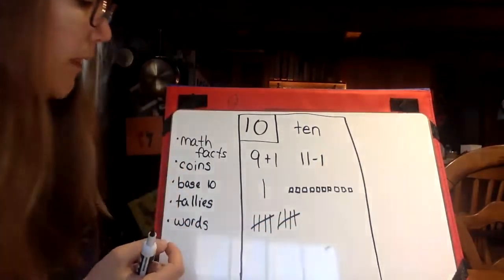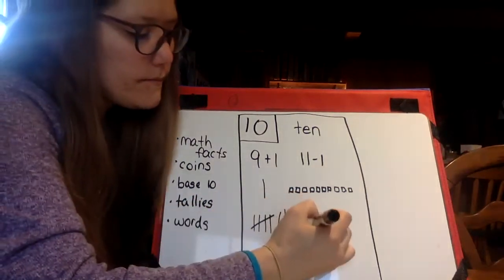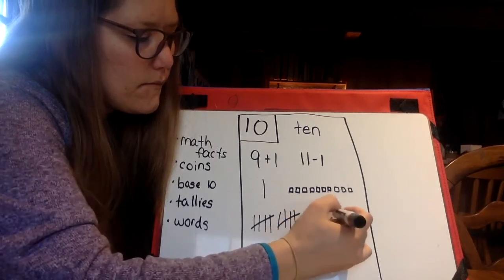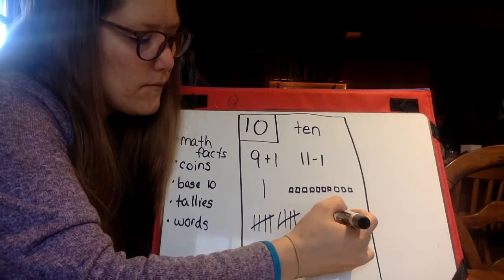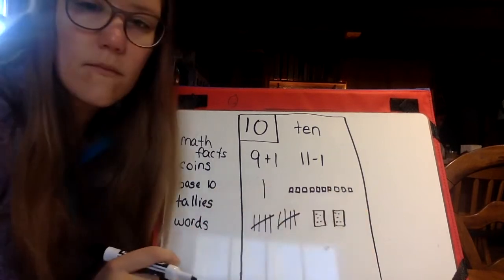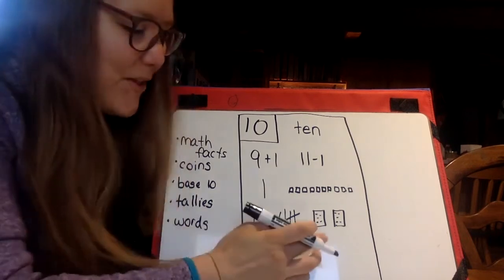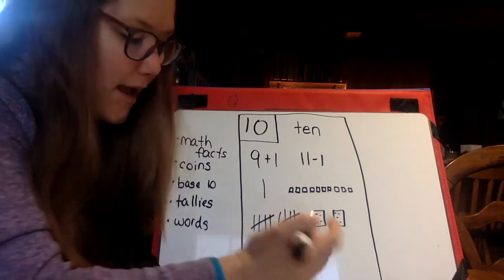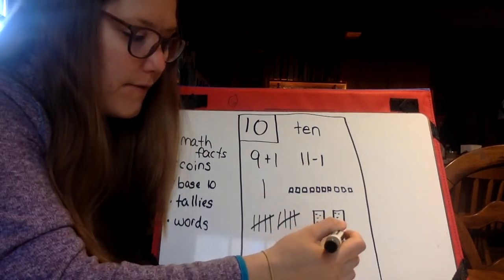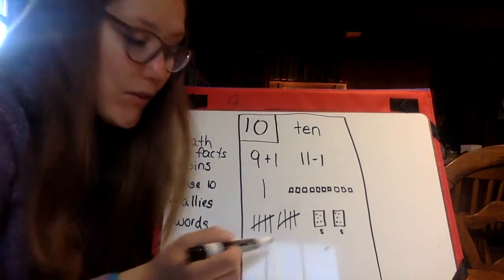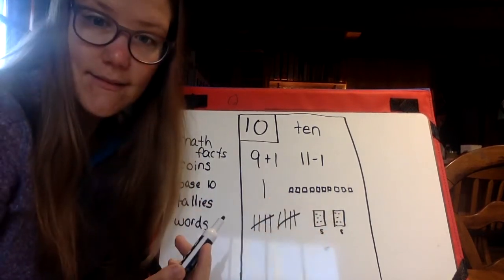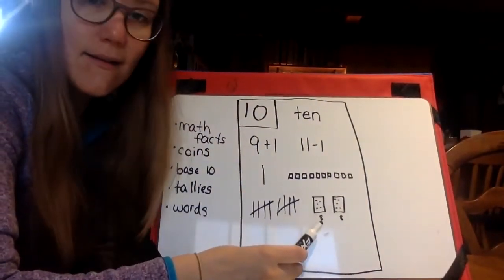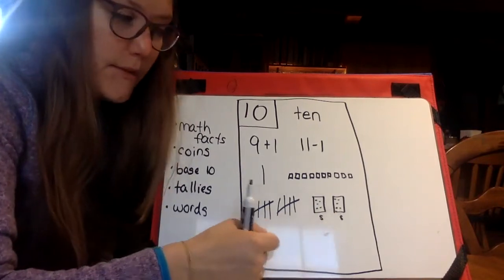Okay? What if I did this? Those are 2 dice. So I have 5 on this die and I have 5 on that die. Those two together equal 10. So these dice represent 10 by showing 5 each. 5 plus 5.